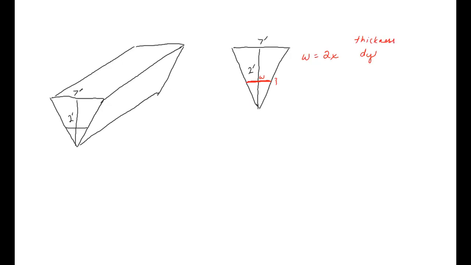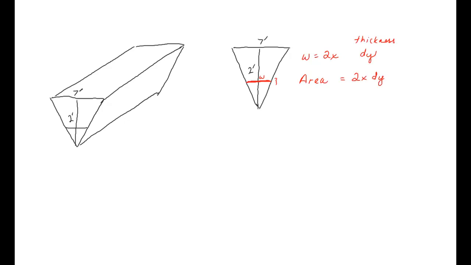These two pieces together give me my area. So the area piece is going to be 2x times my dy piece.